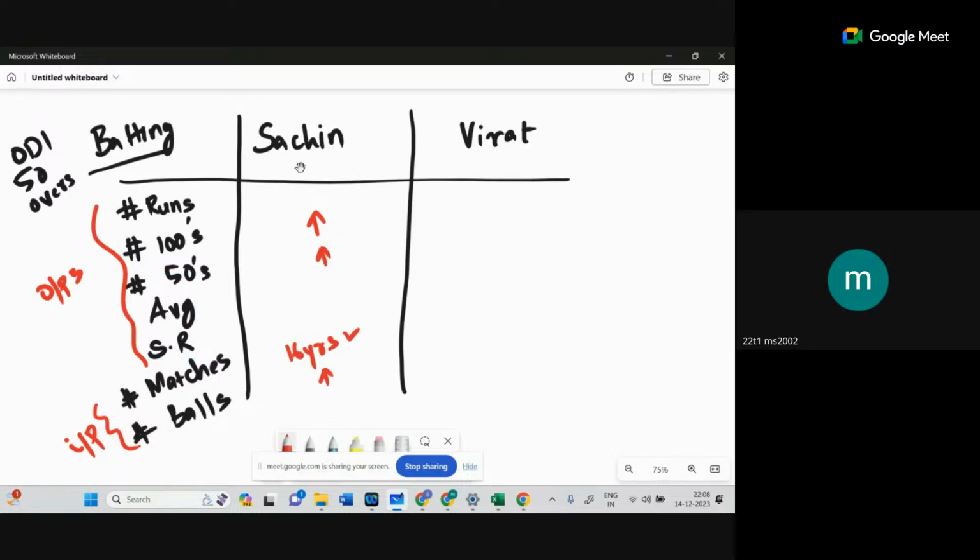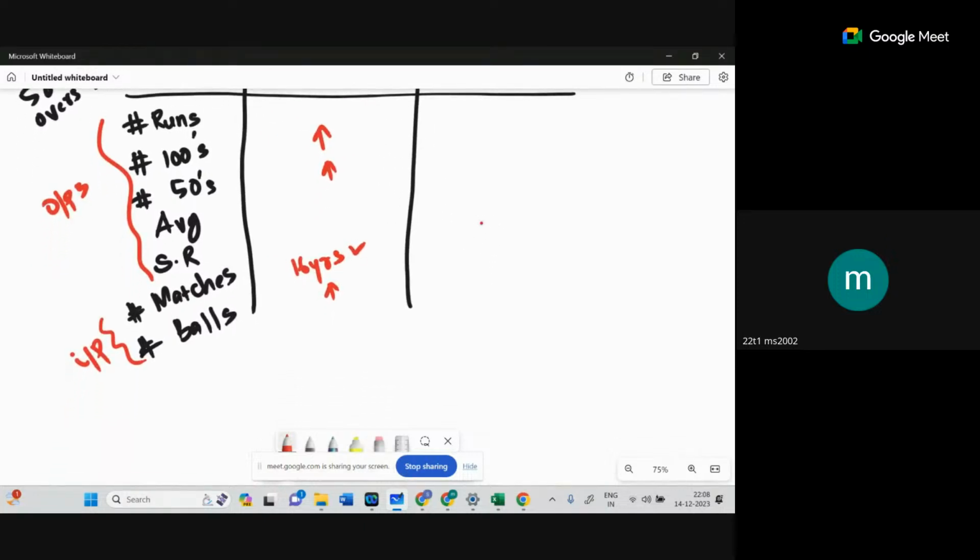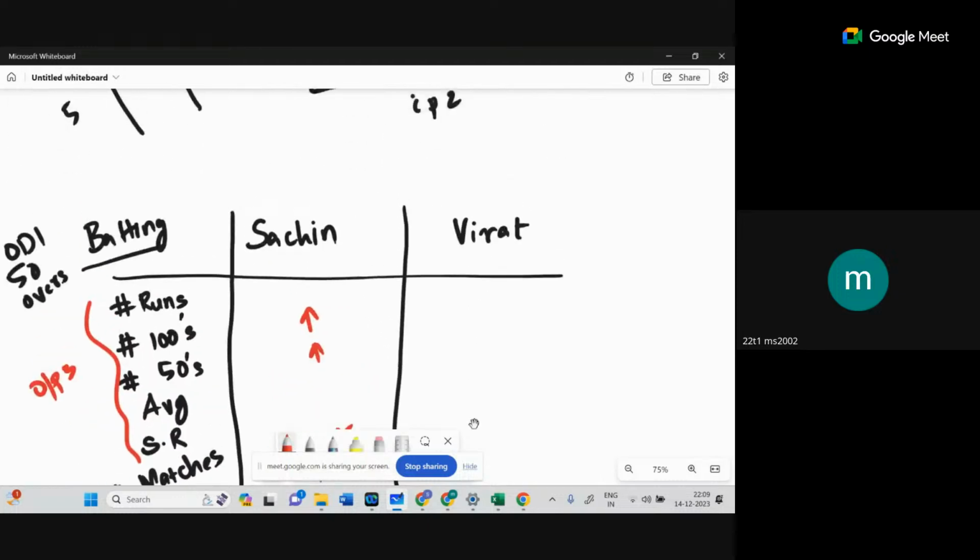So you compare. First, you solve the LP for Sachin. By solving the LP, what are you going to get? You're going to get the weights. On one hand, you get the weights for inputs. On the other hand, you get the weights for outputs. With this, for whatever you got for Sachin, you're going to compare Virat.